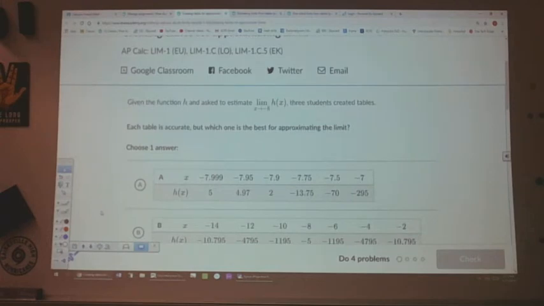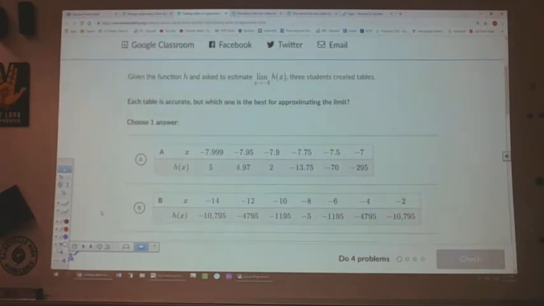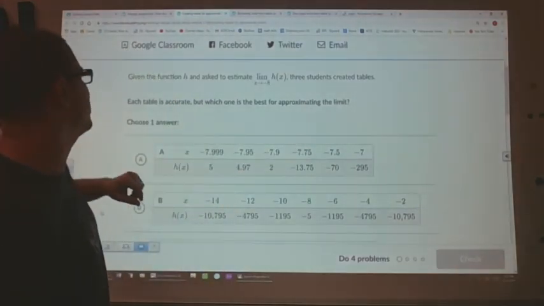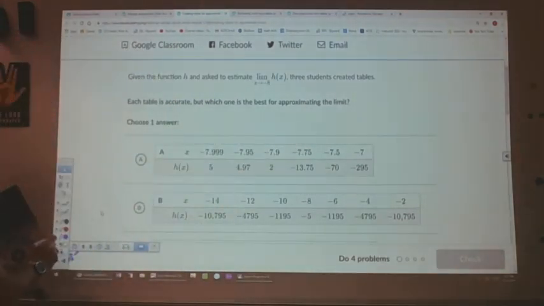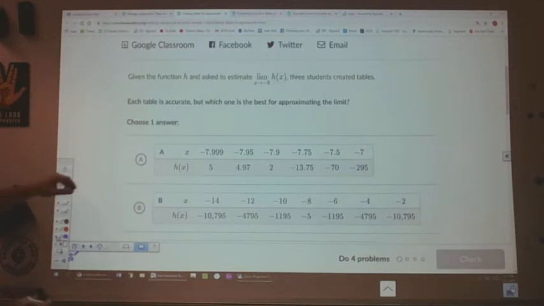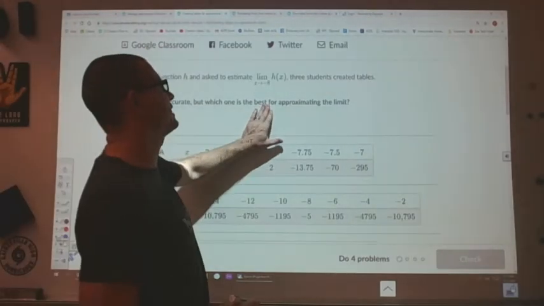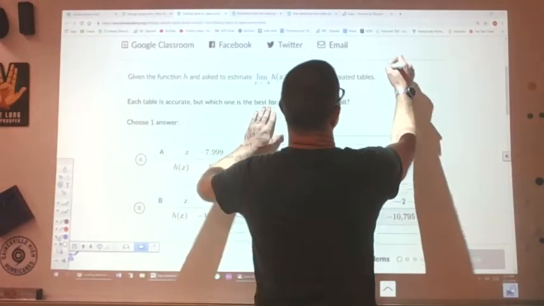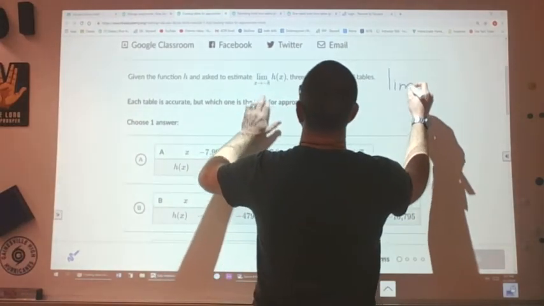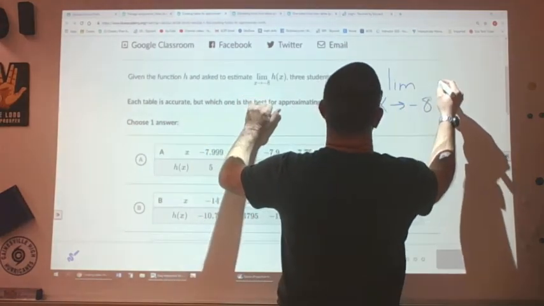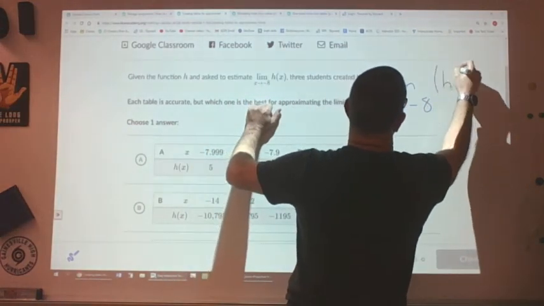So let's look at our first question here. Given the function h and asked to estimate the limit as x approaches -8, 3 students created tables. Each table is accurate, but which one is the best for approximating the limit? So we have the limit as x approaches -8 of our function h of x.